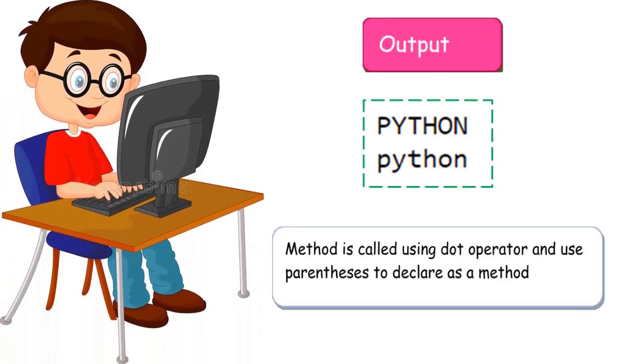Method is called using dot operators and followed by parenthesis. Here output of upper and lower method is as above.